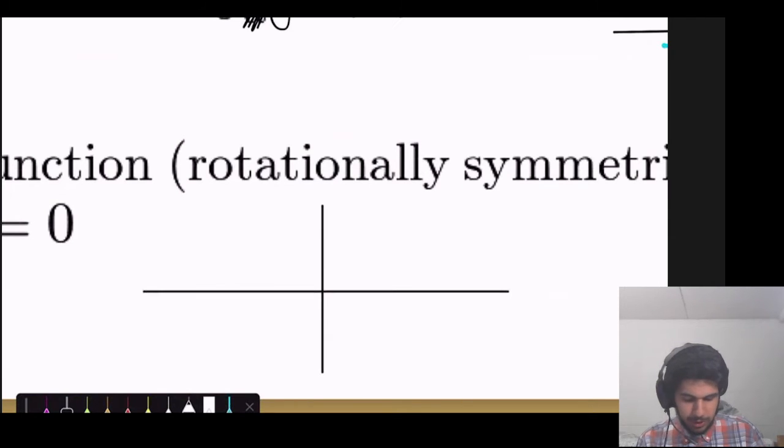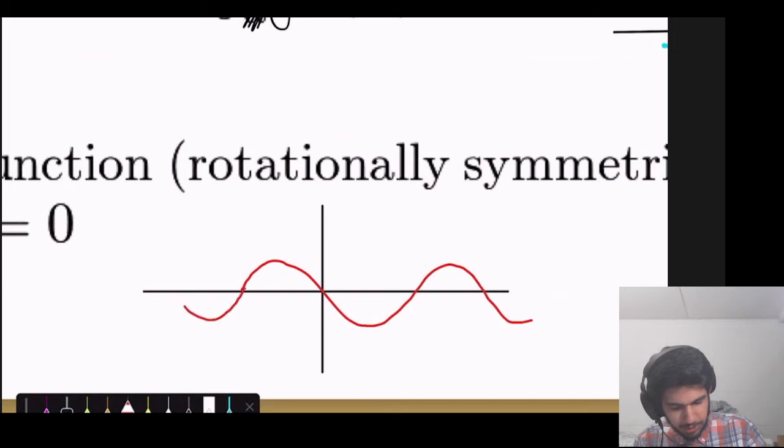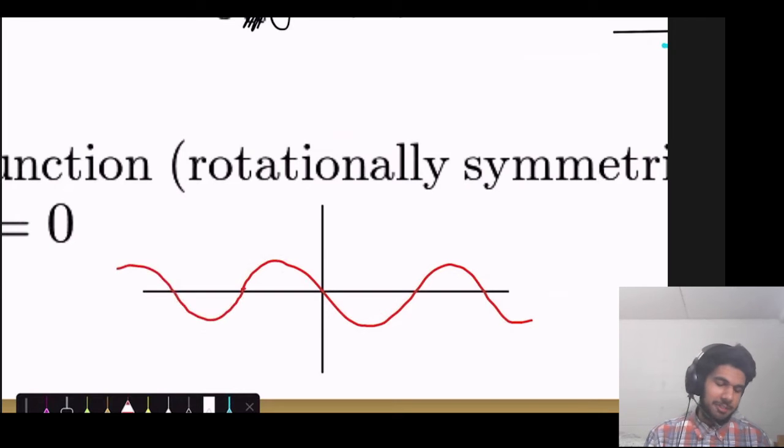We want a function that is symmetric 180 degrees around the origin. So let's consider perhaps something that looks like this, some sinusoidal curve. This is roughly a sketch of negative sine of x, kind of.